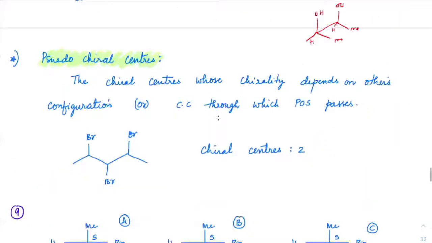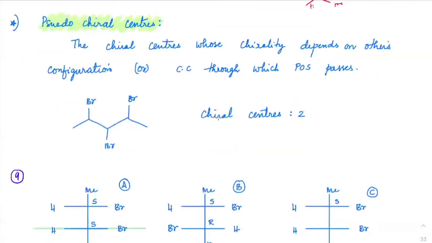Now let us see about pseudo-chiral centers. These are chiral centers whose chirality depends on the other's configuration. So that is when we call it a pseudo-chiral center. If you check here, in this case, this chiral center and this chiral center are perfectly fine. But whether this carbon is a chiral center or not depends upon these two.